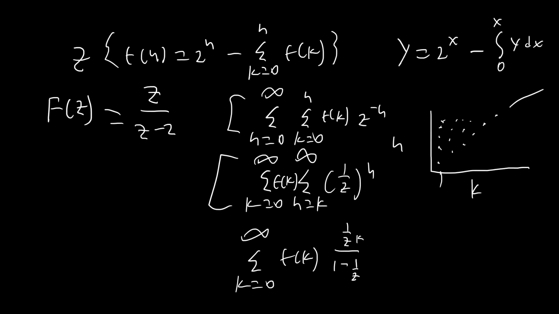So we can go ahead and bring this outside. And so this is going to be equal to z over z minus 1 times the sum from k equals 0 to infinity of f of k, z to the negative k. And this part right here is nothing but F of z, right?